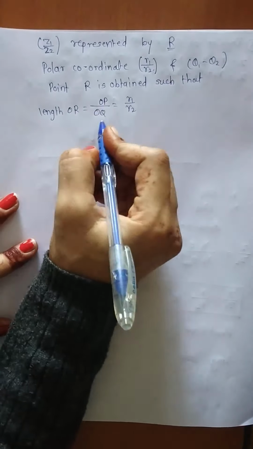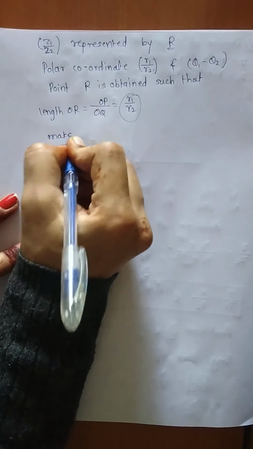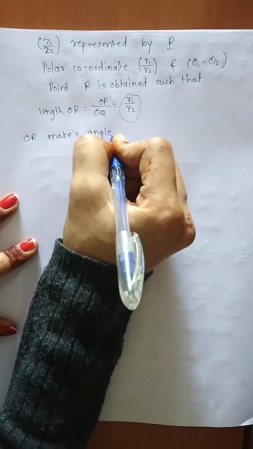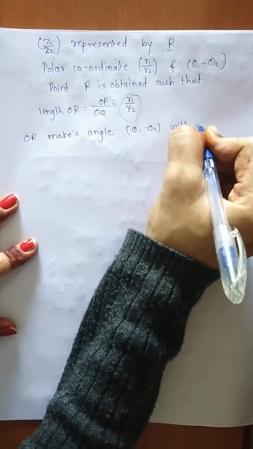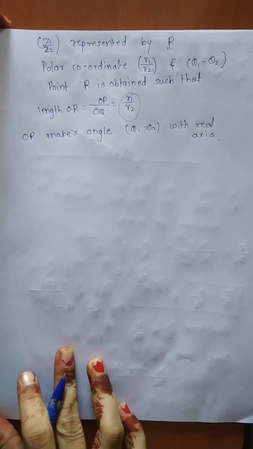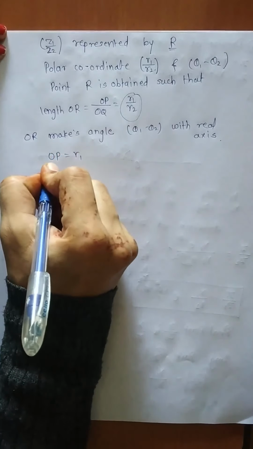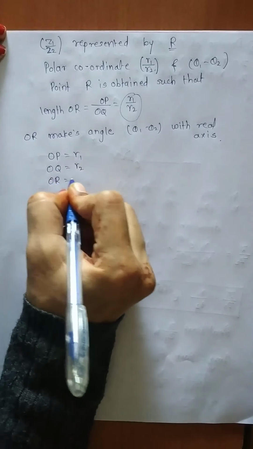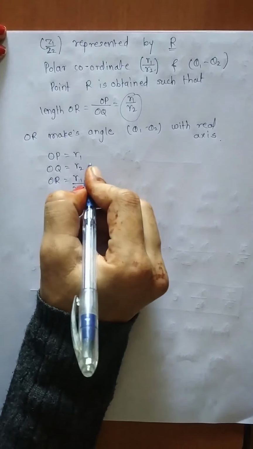And this R1 upon R2, that is OR, makes angle theta 1 minus theta 2 with real axis. Okay, so let me consider the length OP some units, length OQ some units, and then we will calculate OR, that is R1 upon R2.